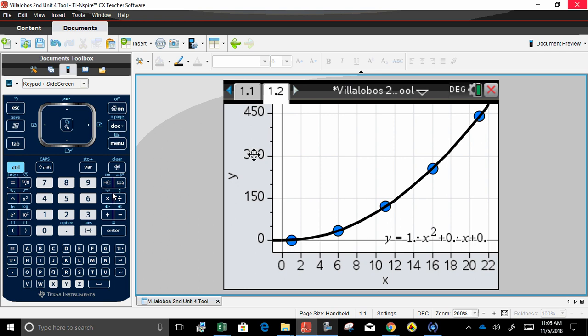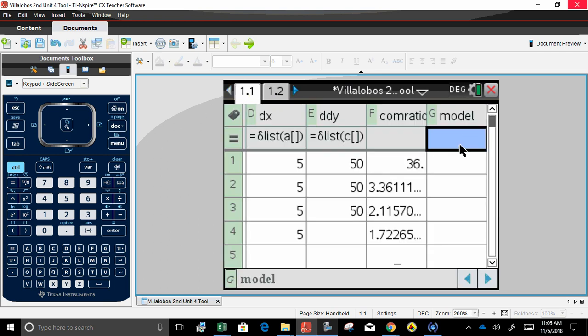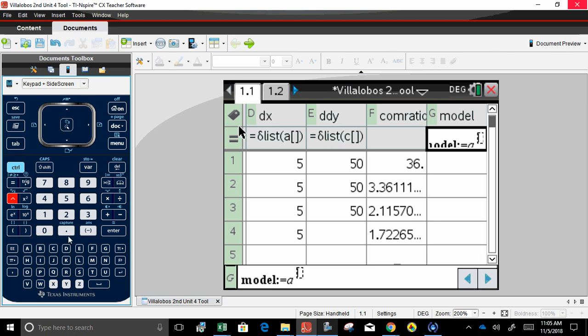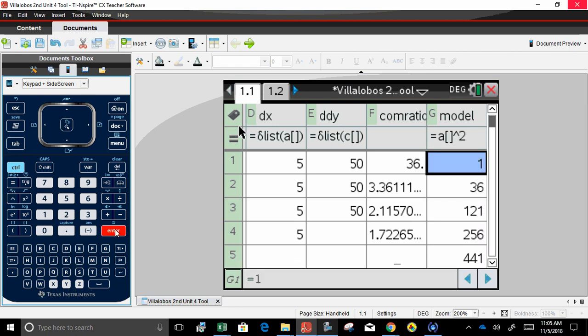So I can go back on 1.1, and I can type the model and say this is A to the power 2, squared. Enter. And that matches my model specifically.